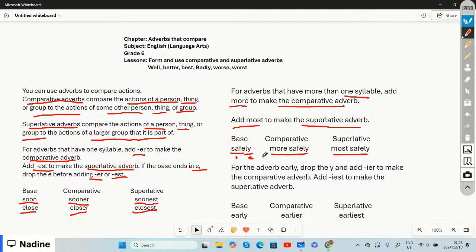All right, and now if we look at an example of our superlative adverb, remember the superlative adverb compares the action of either a person or thing to a larger group, to a group that is two or more, not just two, but more than two.